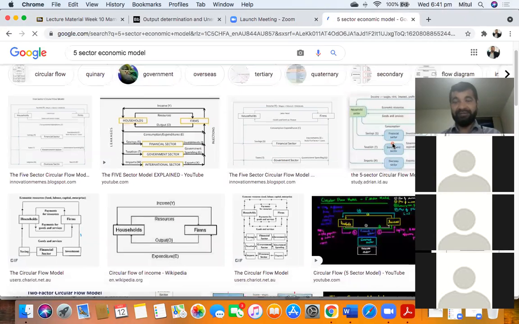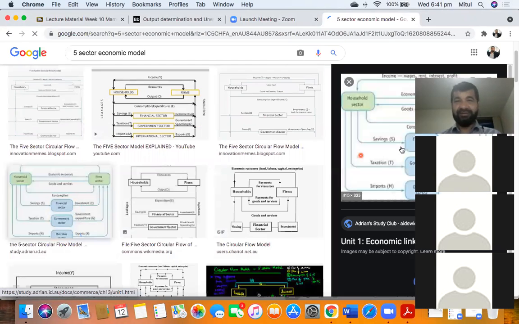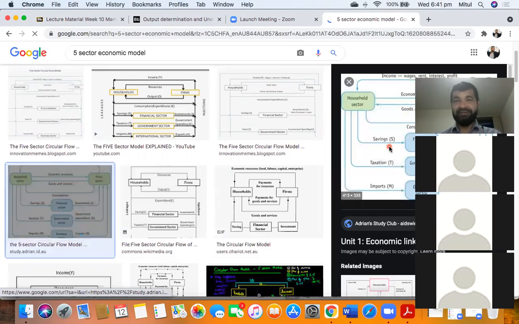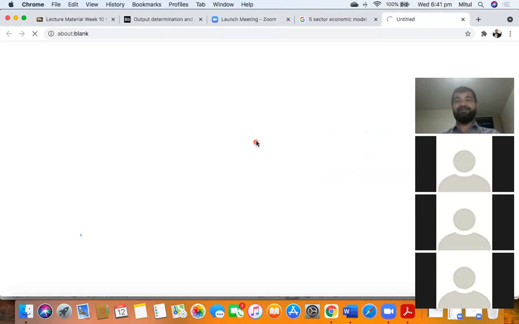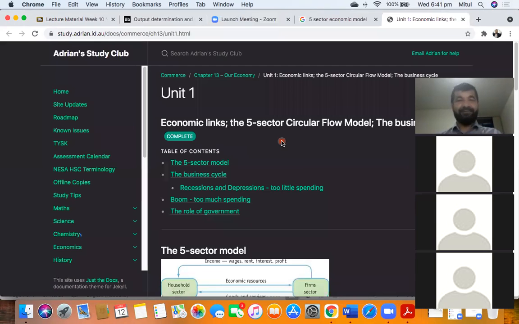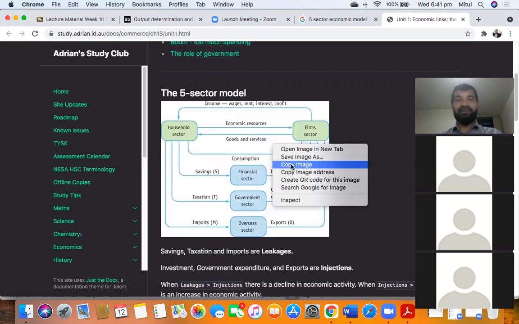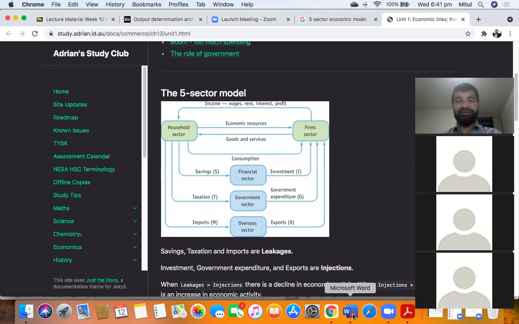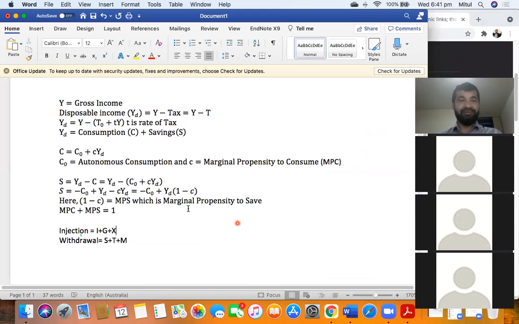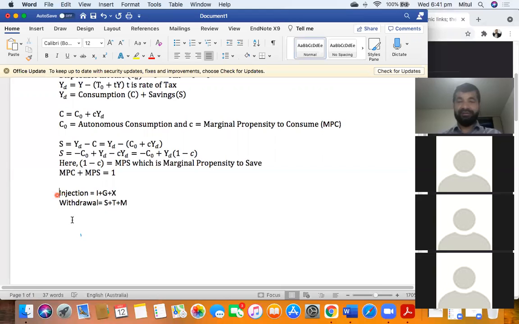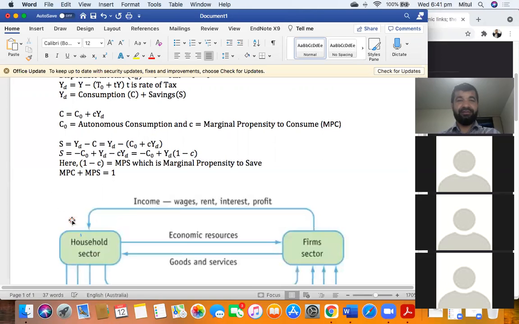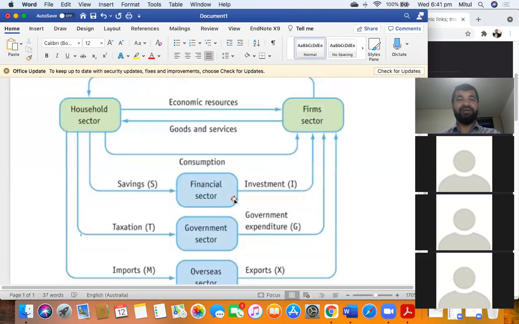I think this one looks nice. Okay, this one. I will copy that image. How did I get these things?